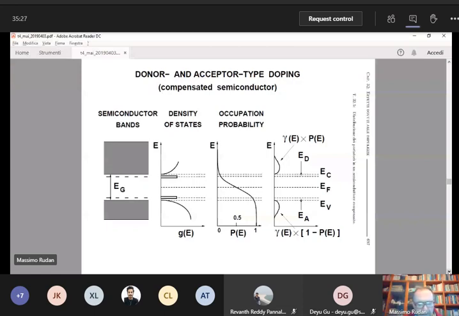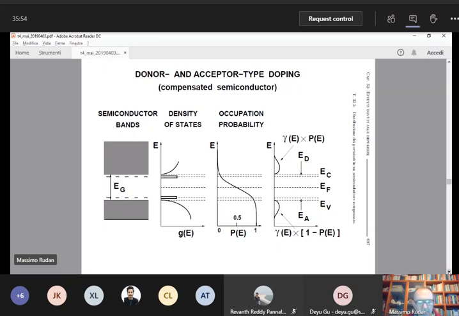But if at a later time you introduce the p-type dopant, then the Fermi level will go down, okay? And the question is who wins? Will eventually be found the Fermi level in the upper part of the gap or in the lower part of the gap. It depends on the concentration of the dopants.